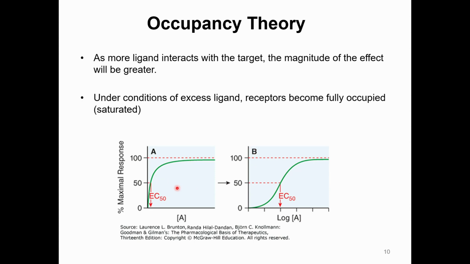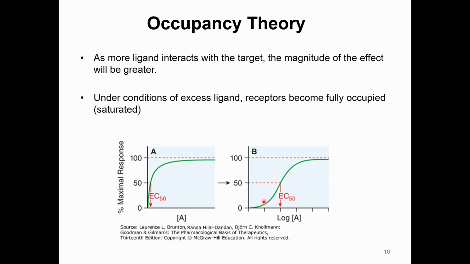So this is the same data where on the x-axis now we're indicating the log of the concentration. Why do people do this? This data here is no different than this data. All we've really done is transform these by taking the log of the concentrations. What it does, though, is it turns this hyperbolic curve into a sigmoidal curve.